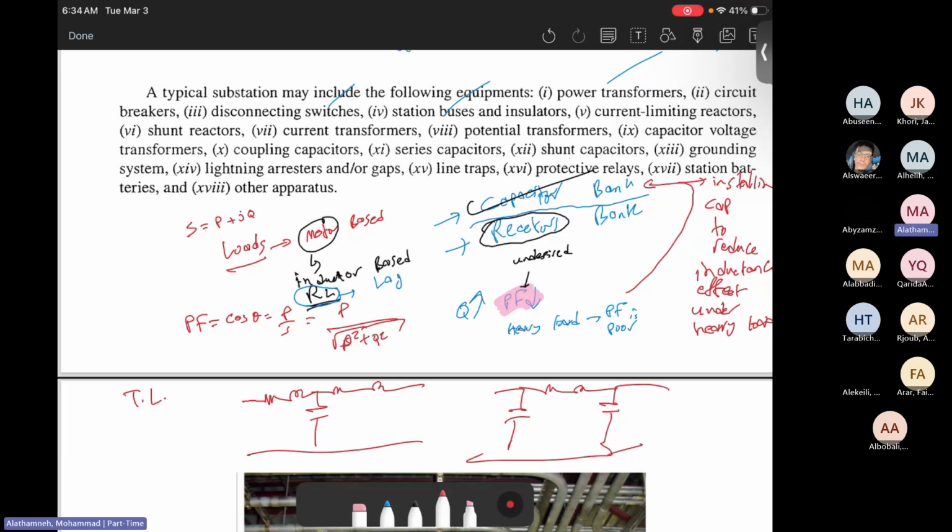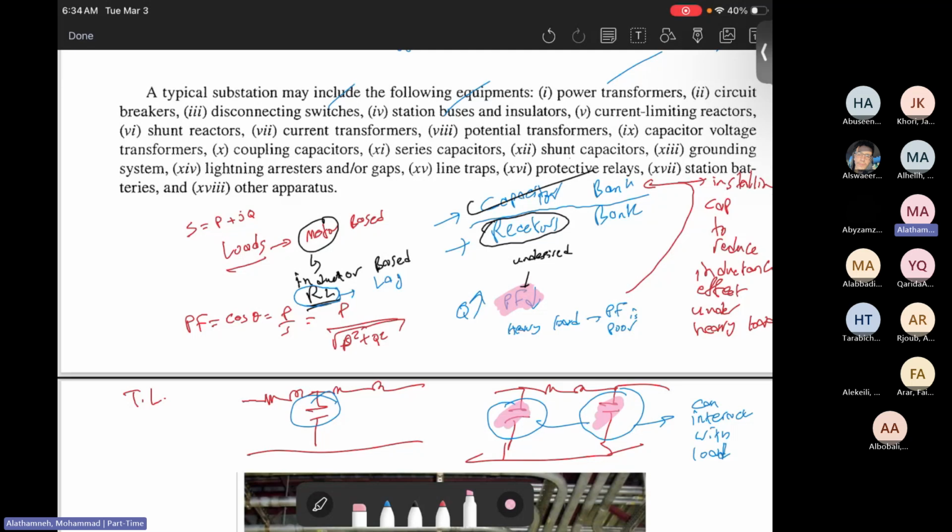In the equivalent circuits, you can notice there is a capacitance. That capacitance can interact with the load. So when there is a load consuming reactive power, the capacitance of the transmission line can compensate for that.